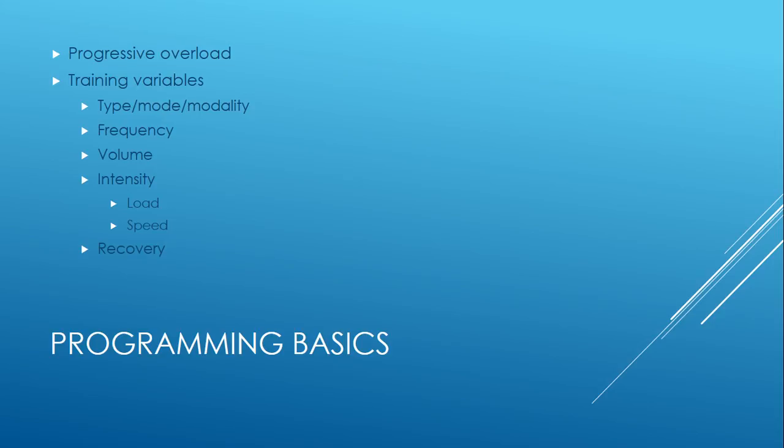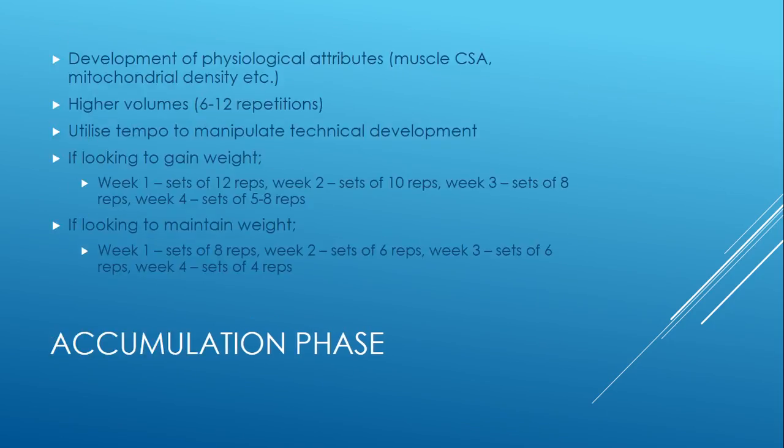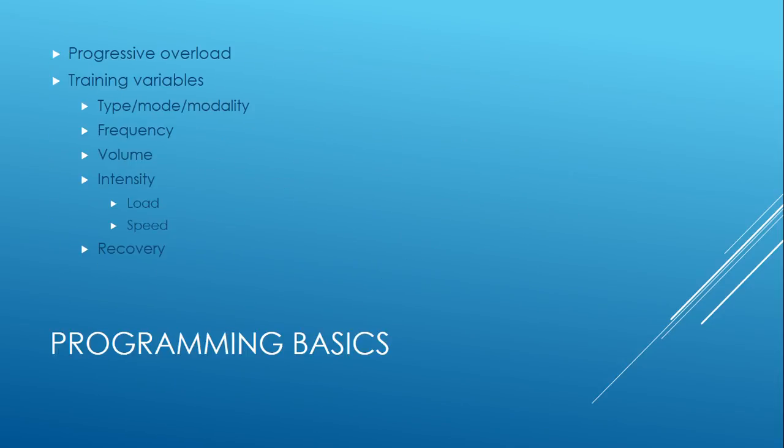So, for example, when we have a look at the various training phases that we'll go into, so for example, accumulation phase, intensification phase, we'll work to that in a moment. When we have a look at that stuff there, what you'll find is that the load itself is typically what we vary, but you can also vary the speed of the bar.